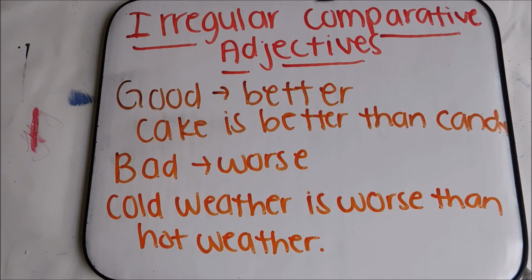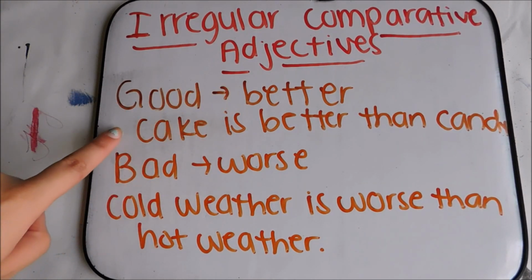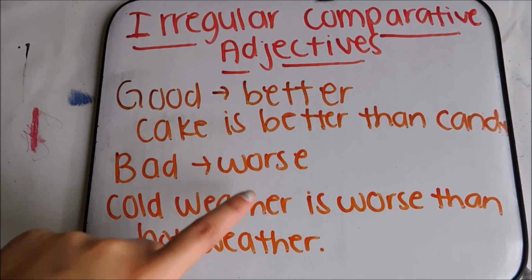We also have irregular comparative adjectives. There are a few, but the most important ones are good and bad because you use those all of the time. Good in the comparative form changes to better. In my opinion, cake is better than candy. And bad changes to worse.